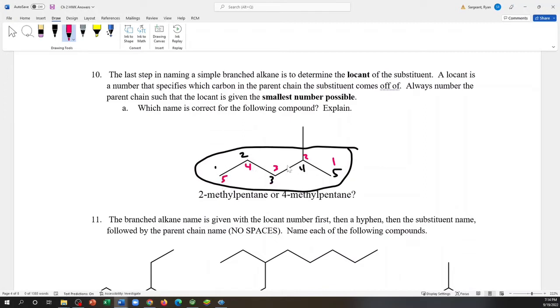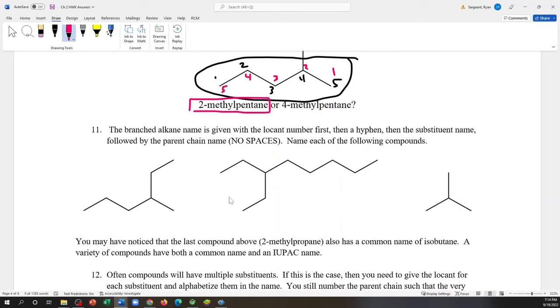The black numbers would give me 4-methylpentane, and the pink numbers would give me 2-methylpentane. You always want to choose the option where the number of the first locant is the lowest number possible. A branched alkane name is given with the locant number first, and then a hyphen, then the substituent name, followed by the parent chain with no spaces. So this is just an issue of punctuation.